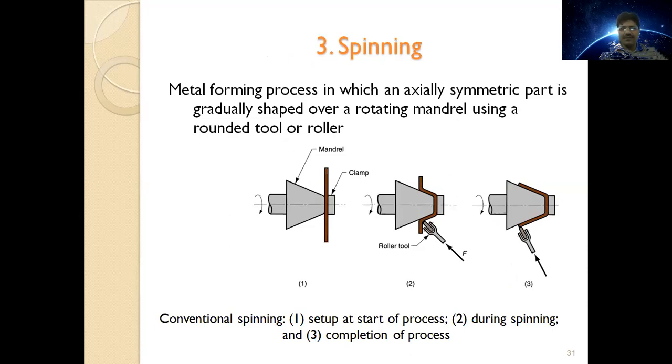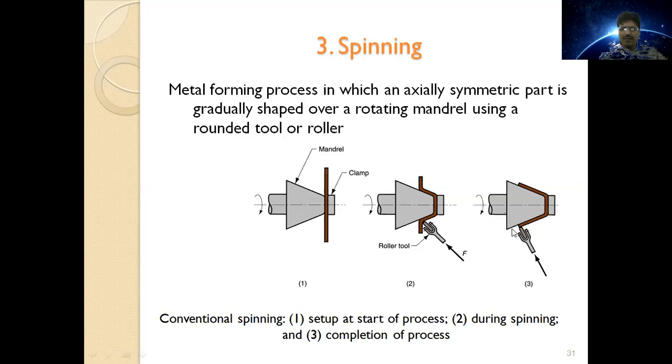Spinning is the process by which the tawa that we normally use at home is made. It starts with a circular disc, and there is a mandrel that supports the circular disc, and there is a clamp. When the clamp holds the disc, it rotates at high speed, and there is a tool, a follower tool, that starts compressing the job from here and coming out to the external shape.